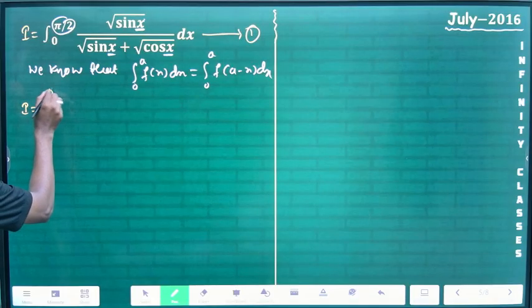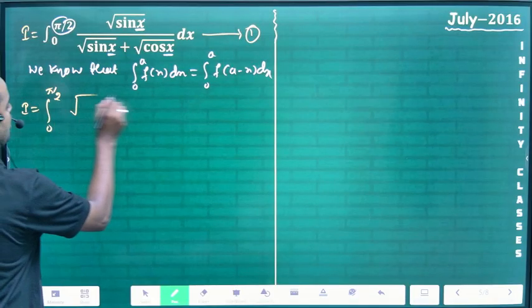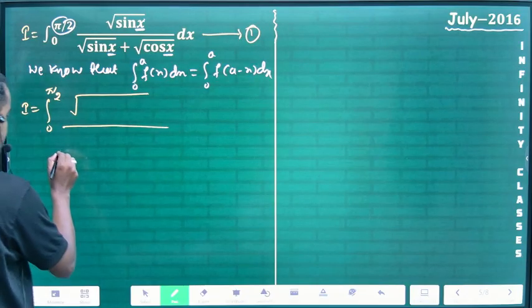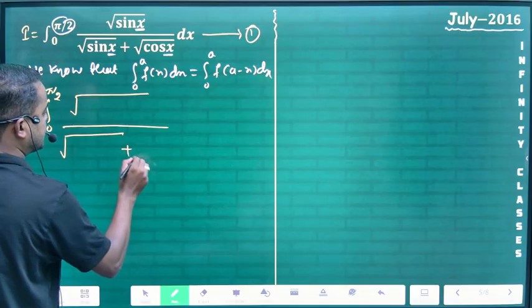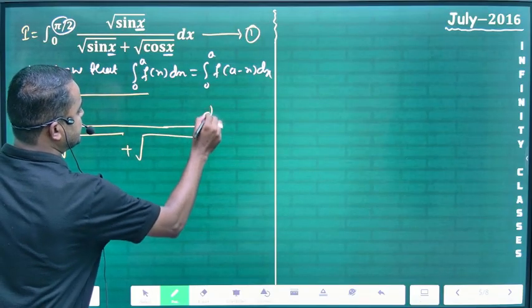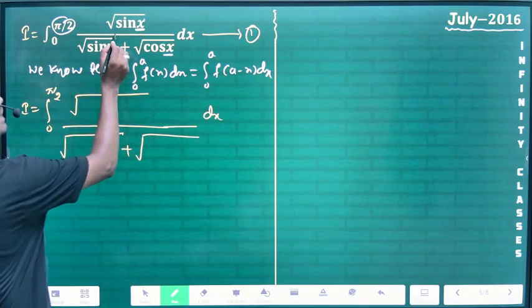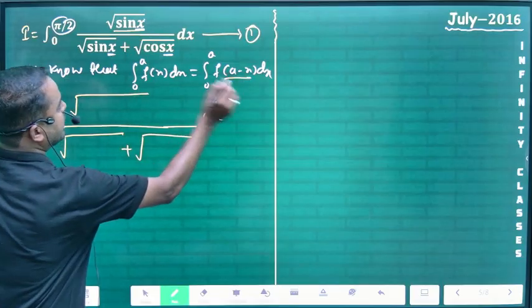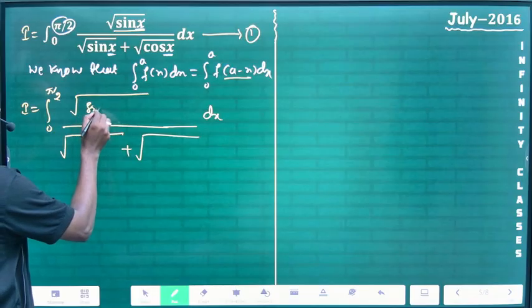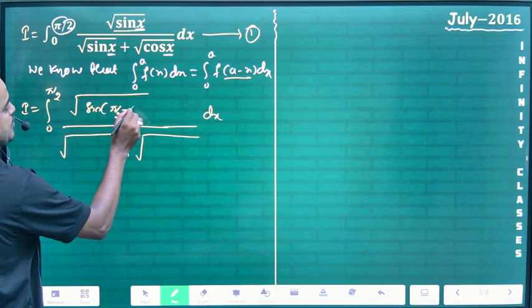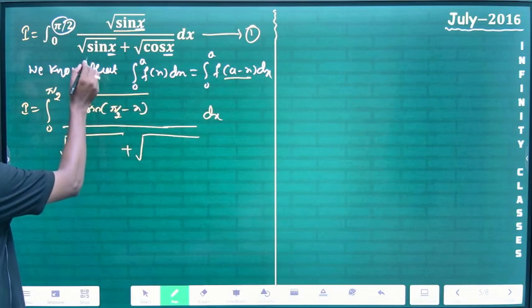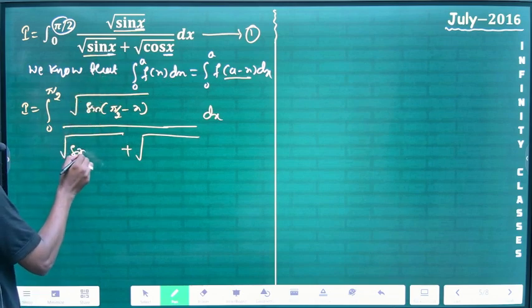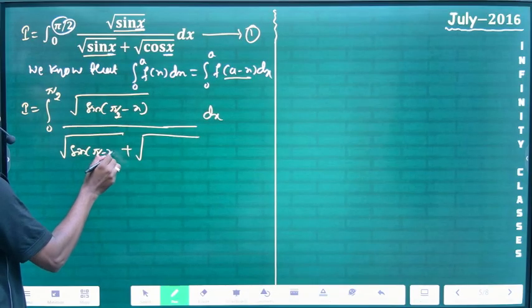Now I is equal to the integration from 0 to 5π/2 of square root of, plus square root of. See how we write it: after applying the property a minus x, sin x will become sin(90 minus x), and here also sin x changes to sin(90 minus x), that is a minus x.